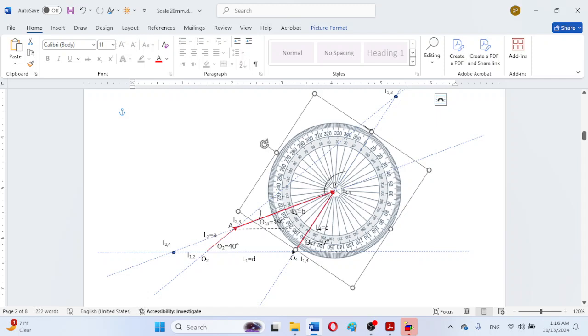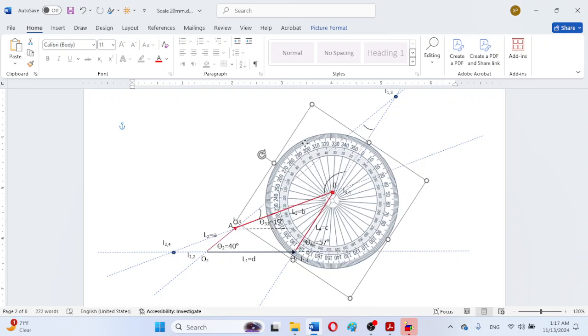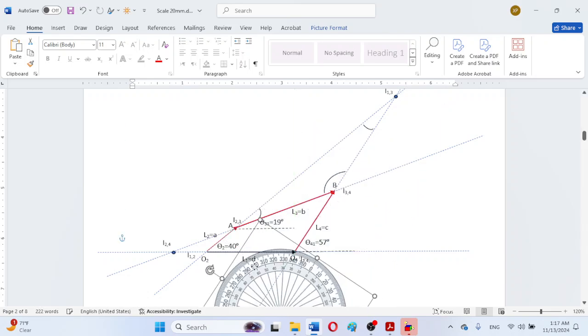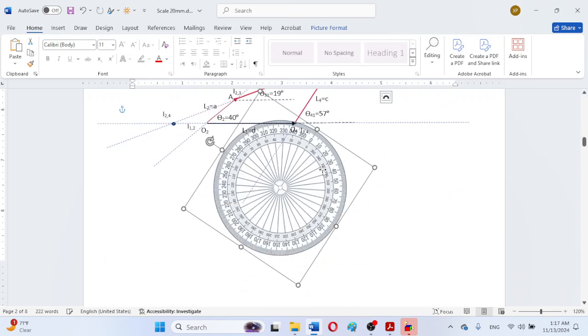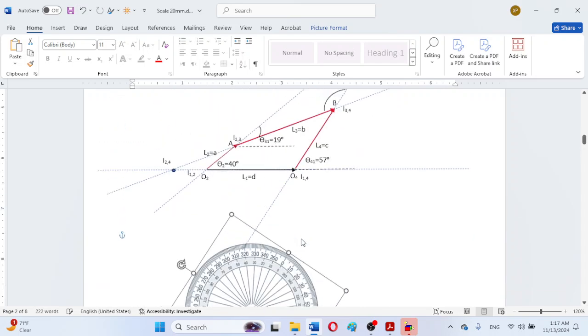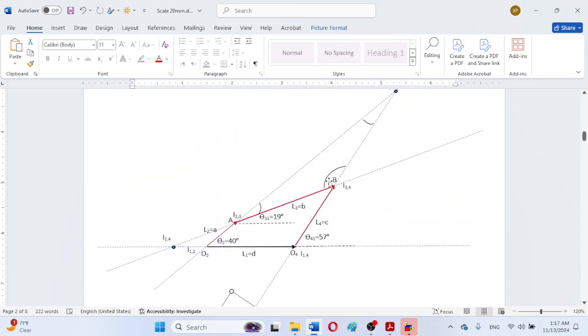Here it is less than 145, so here it is 144. So the approximate angle, as we can observe, is 144. In this way the angle has been graphically measured with the help of the protractor.